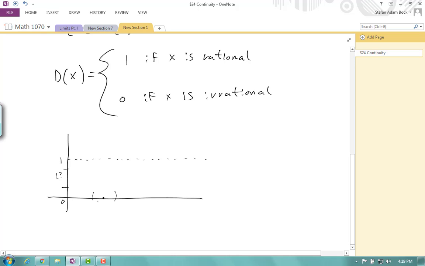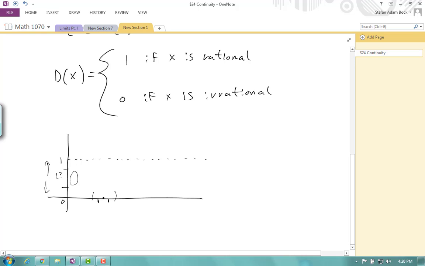And any time I plug in a number inside of this interval, it needs to land within the margin of error. But since every interval contains both rational and irrational numbers, that means no matter where I place my limit, up here or down there, I'm going to have a bunch of numbers falling outside of my target range.